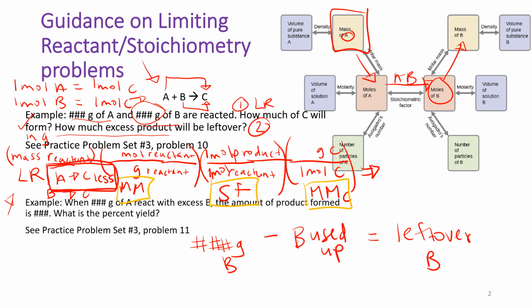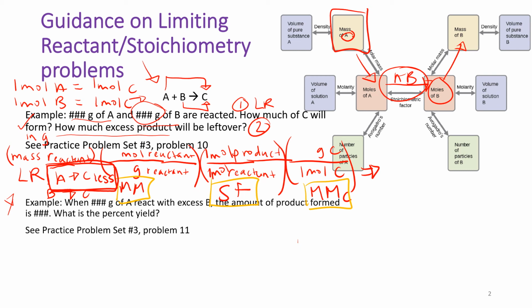Right here, we were going from reactant to product. Now we are going from A to B. So your stoichiometric factor is what decides how you set this up. It's going to be what's different, and obviously the molar mass corresponding to B.